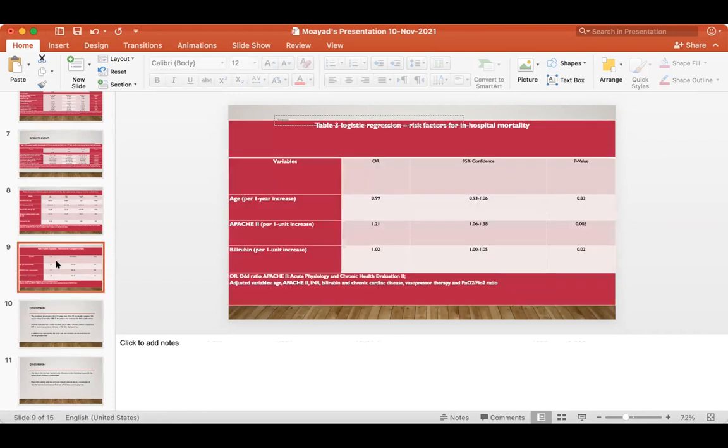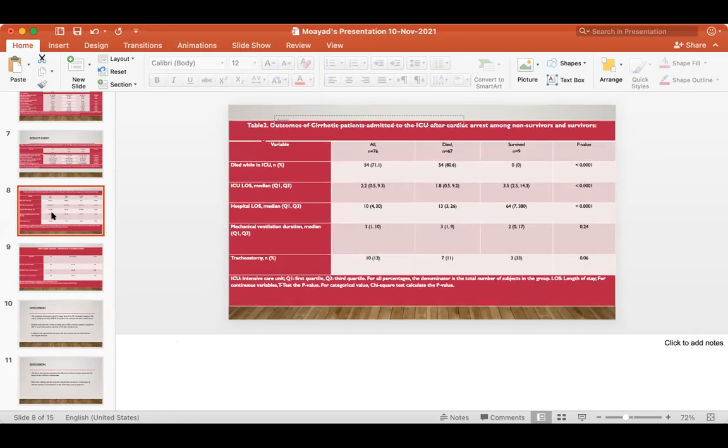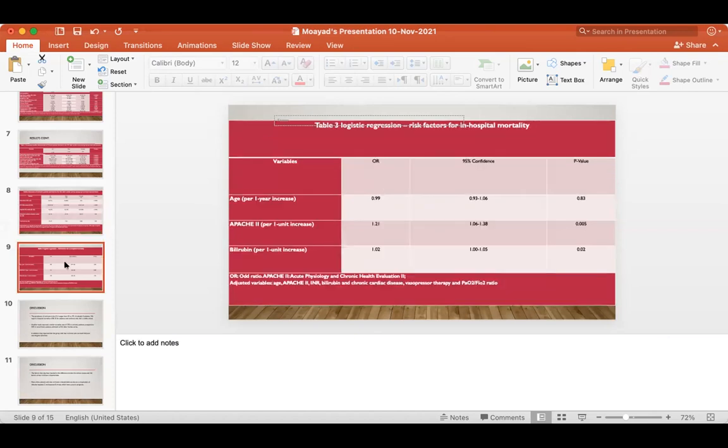So again, it's a large sample size for this kind of study. Exactly. This is really very informative. Striking severity of illness, APACHE of 34 or something, very, very high. So this is a very critical group.